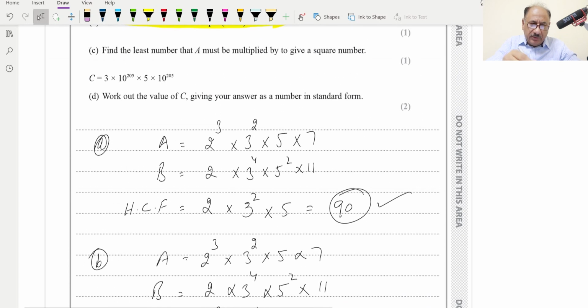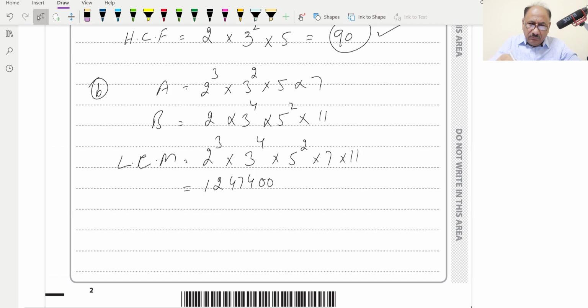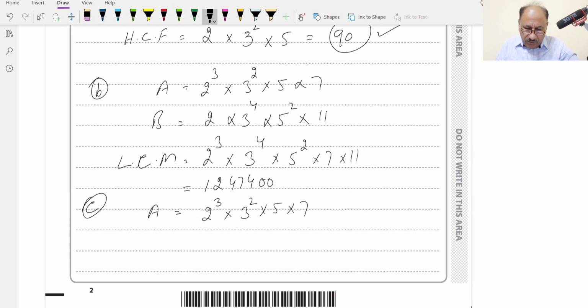For C part, they are saying find the least number that A must be multiplied by to give a square number. So to get a square number, for C part we can write the given A, 2 cubed into 3 squared into 5 into 7, and to make a square number we have to check.